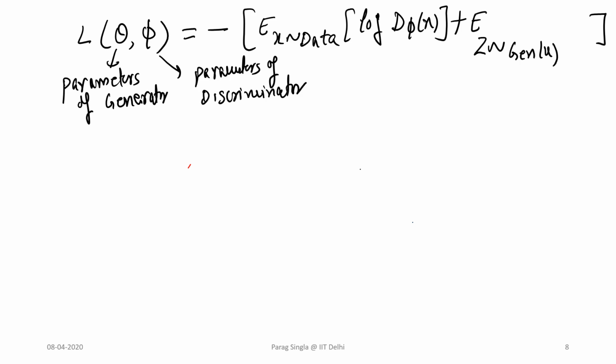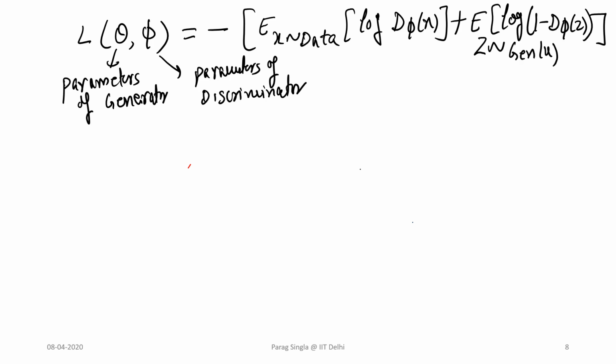So these are samples coming from the generator, and the discriminator should try to assign as low a probability to these samples as possible. Therefore, this will be, actually not 1 minus, but log of 1 minus d phi of z, right?